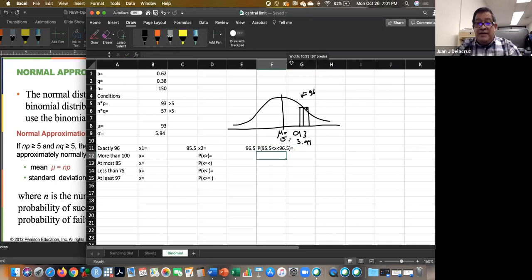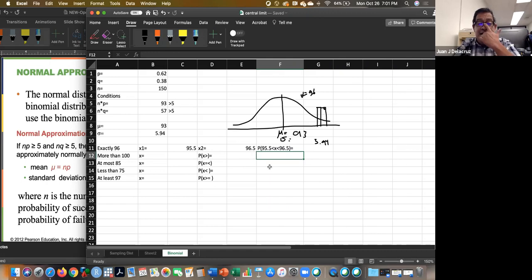We are going to take the z-score of 96.5 and the z-score of 95.5, and we are going to subtract those numbers. So let me put this here. Here I'm going to find the probability that x is less than 95.5. In this case, I am going to measure the area to the left of 95.5.